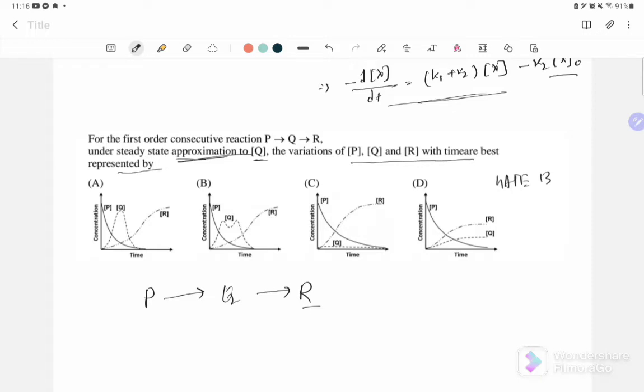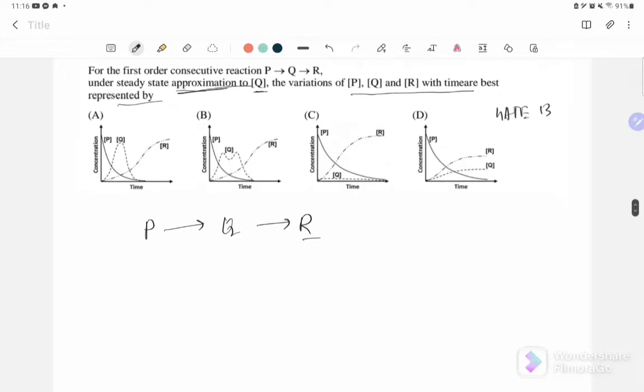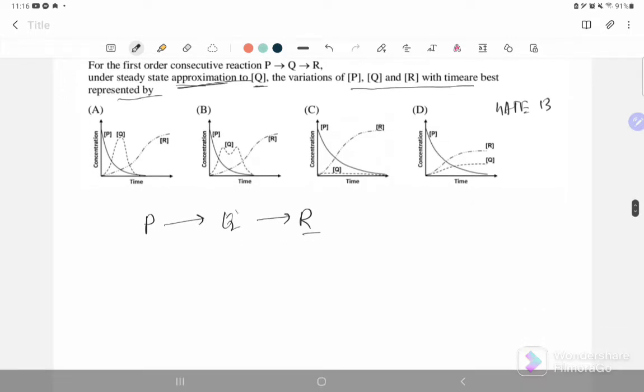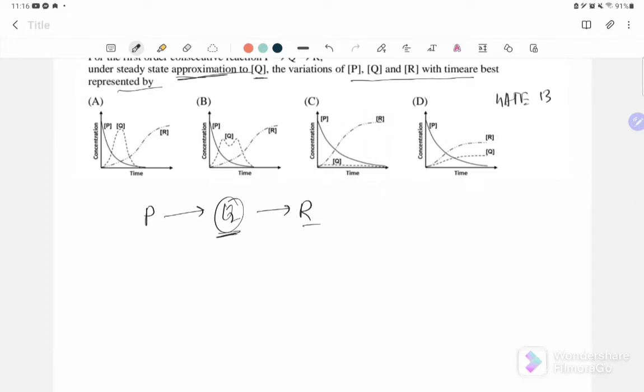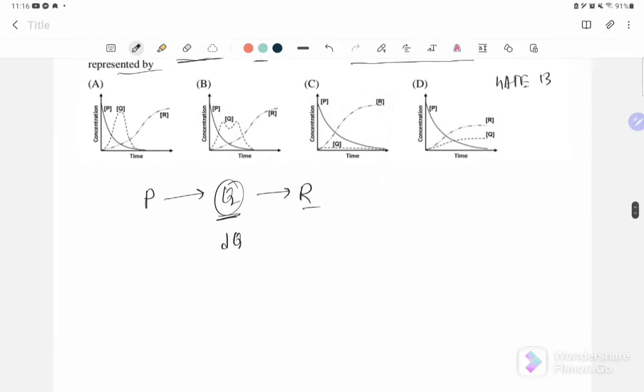For steady state approximation, we consider the intermediate, the rate of change of the intermediate is 0. Here the intermediate is Q, so dq/dt will be 0 according to the steady state approximation.